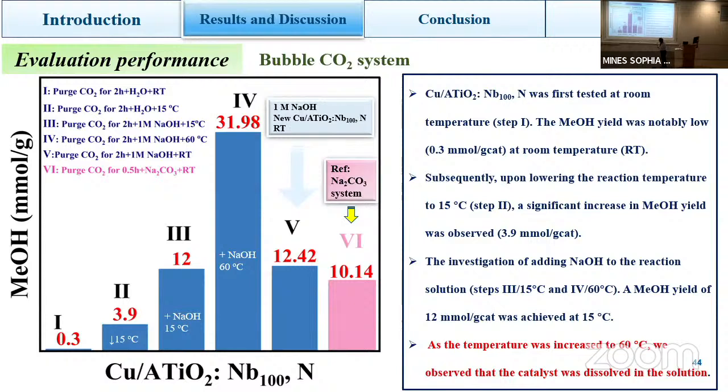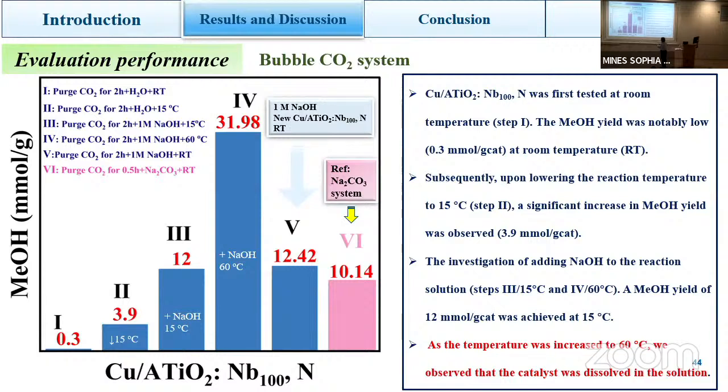We can see that even with pure purged CO2 we get a higher methanol production, and that means our design was correct. It's because of CO2 solubility. Then we wanted to prove that it's mainly CO2 solubility in water that affects the performance, so we added sodium hydroxide.